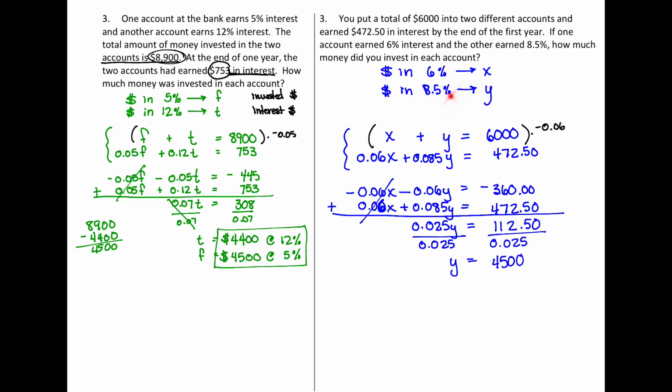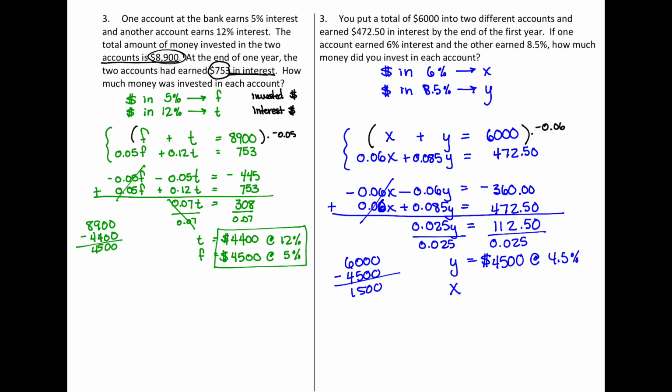The amount of money in the 8.5% account. So dollars at 4.5%. And we know the total amount of money was 6,000. So now I'm going to subtract 4,500 from 6,000, and I get 1,500.